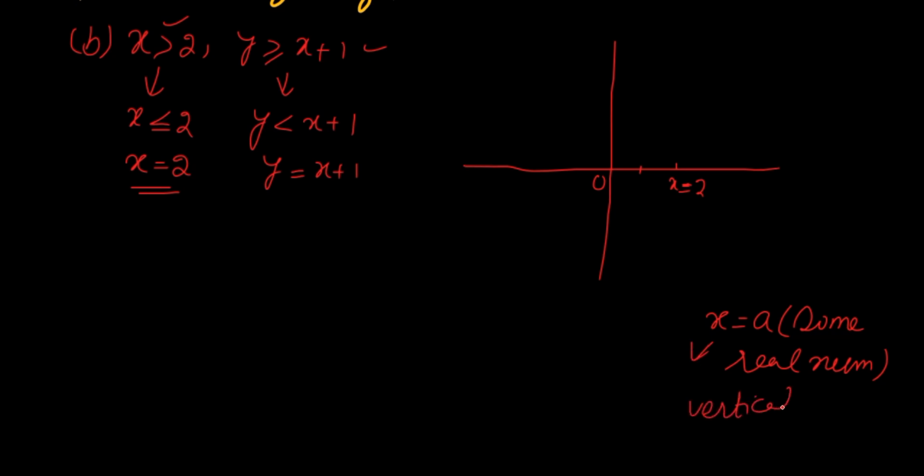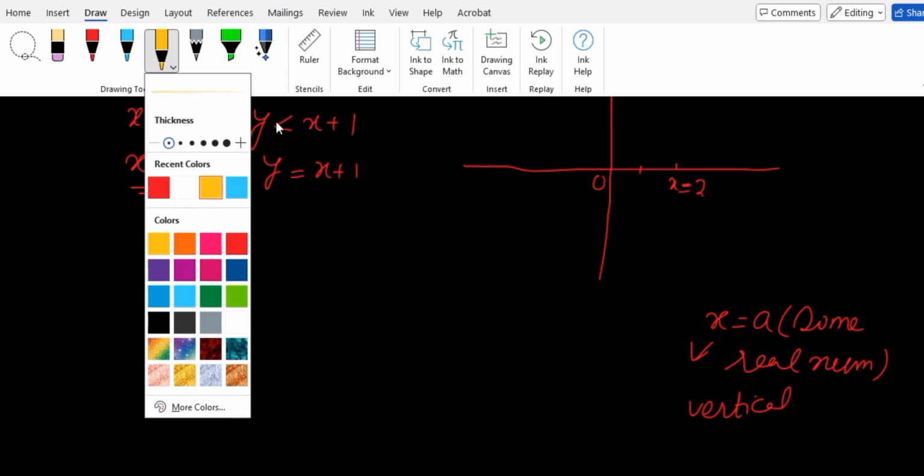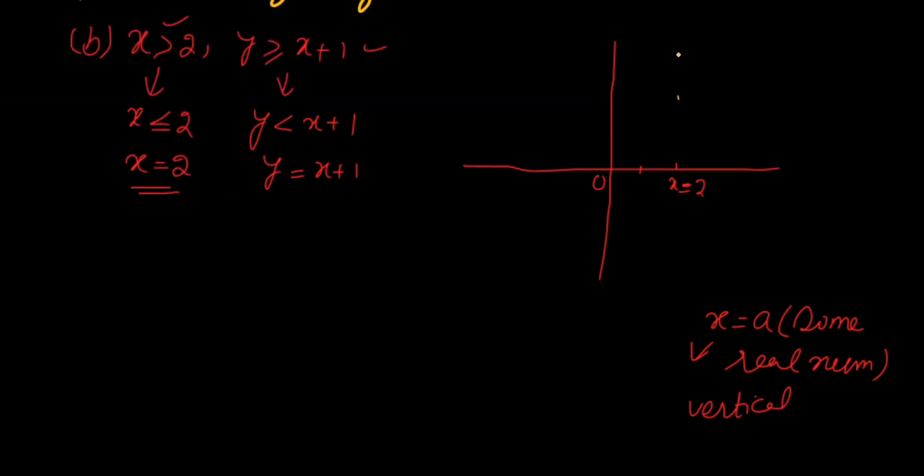So x is equal to 2 just shows a vertical line here. This is your graph of the line x is equal to 2.